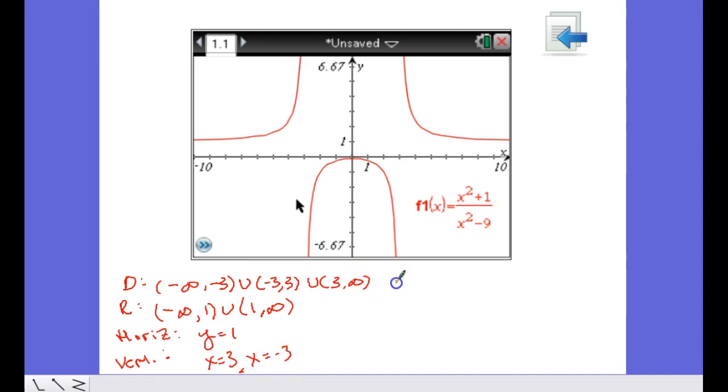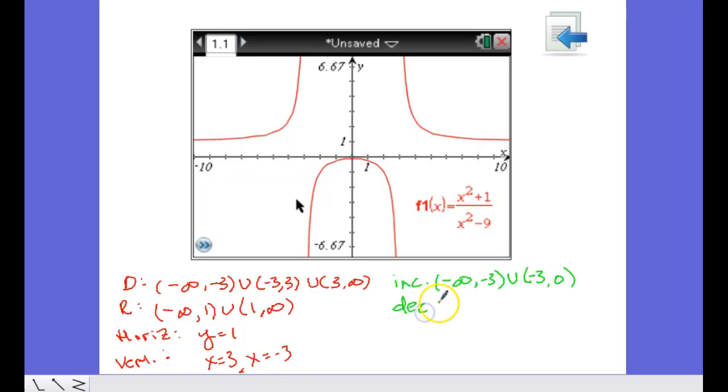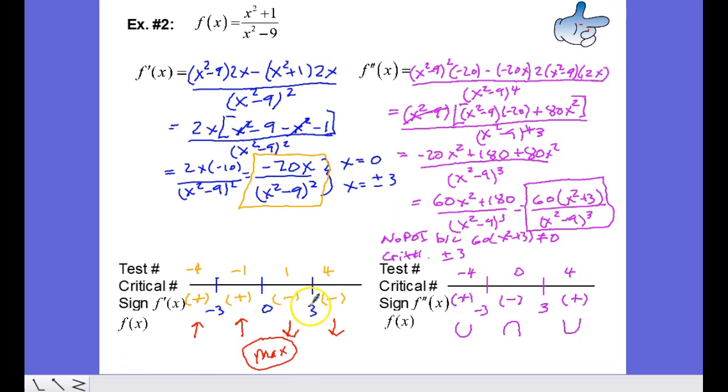Now let's talk about the results of our first derivative and second derivative test. So where is the function increasing? The function is increasing from negative infinity to negative 3, and again from negative 3 to 0. It is decreasing from 0 to 3, and again from 3 to infinity.